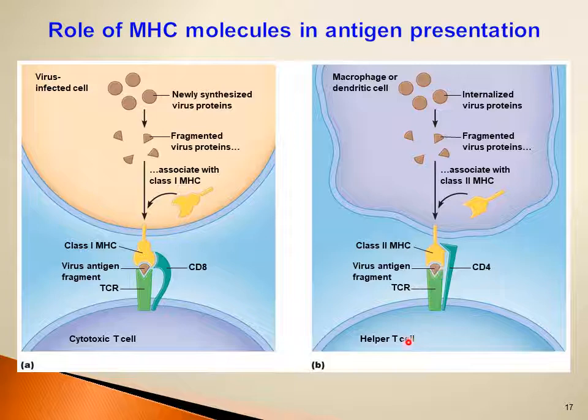Then the helper T cell that has the specific T cell receptor for that virus or bacterium antigen, and with the help of CD4, will recognize that viral antigen that is bound to the class II MHC, and the helper T cell now becomes activated.